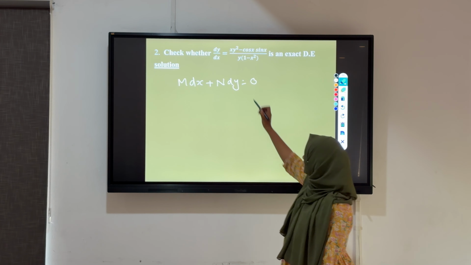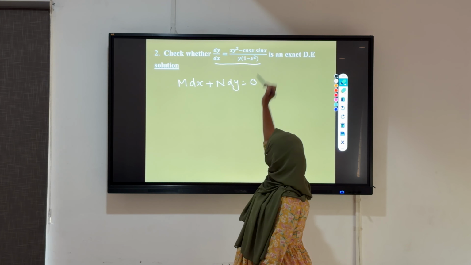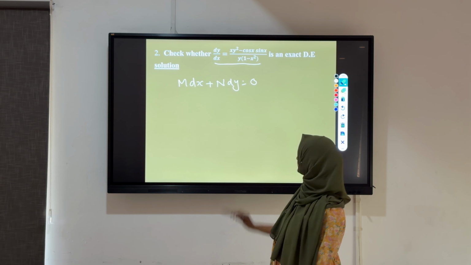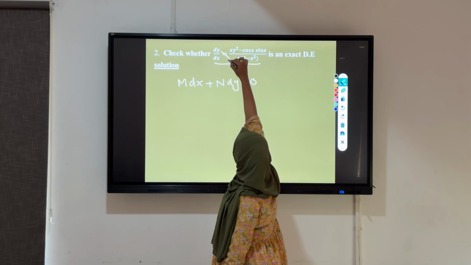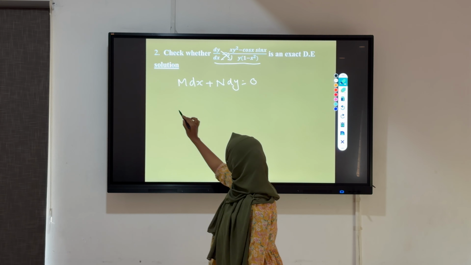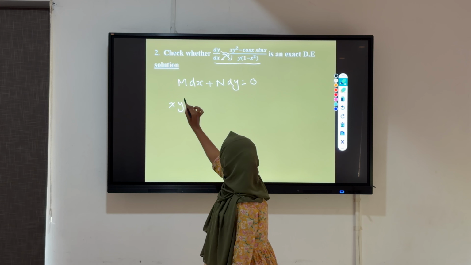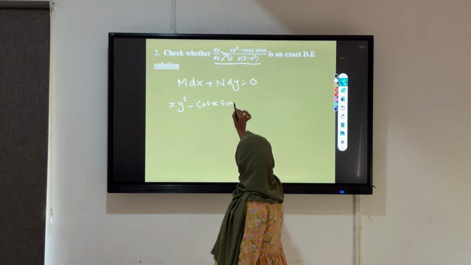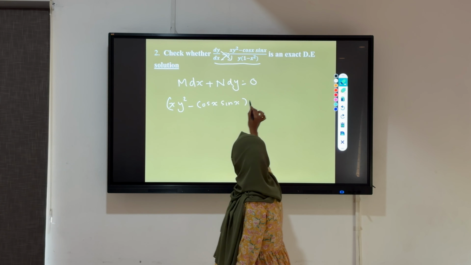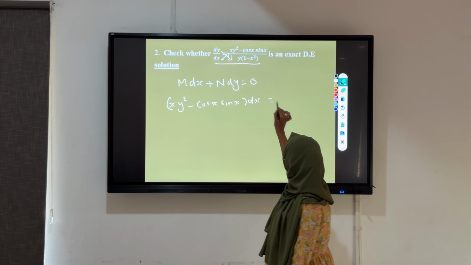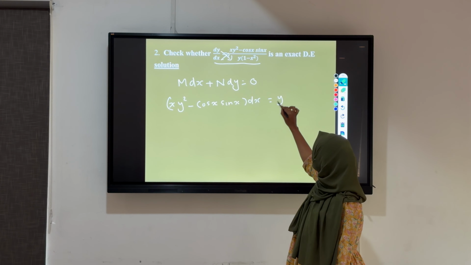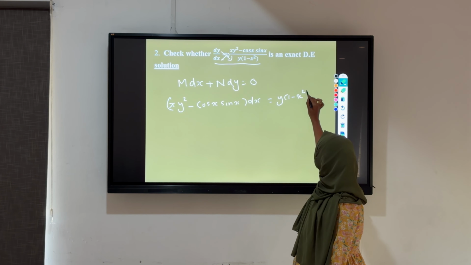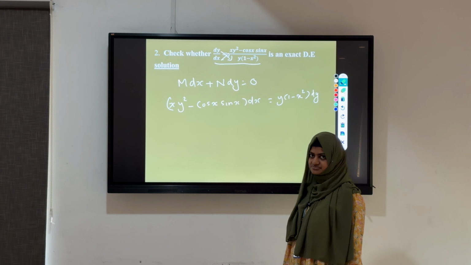For that, please consider cross multiplying. Then we get, first multiply this and this, (xy square minus cos x sin x) dx equal to y (1 minus x square) dy.